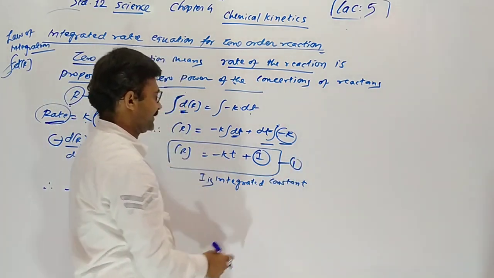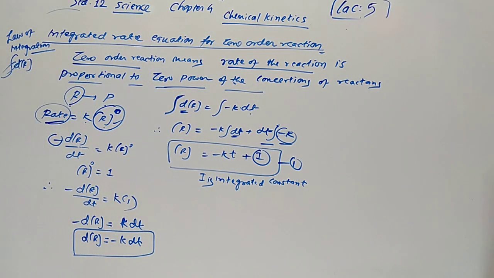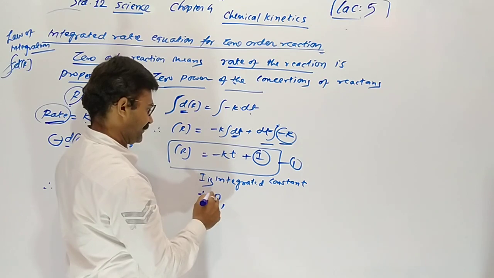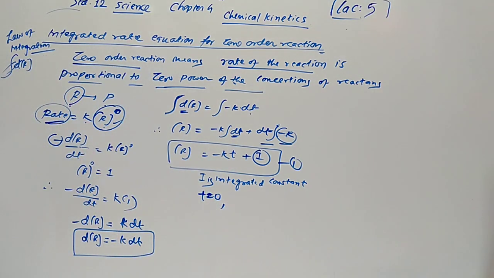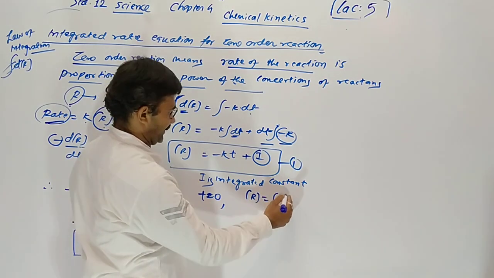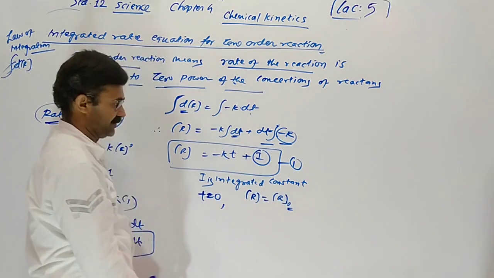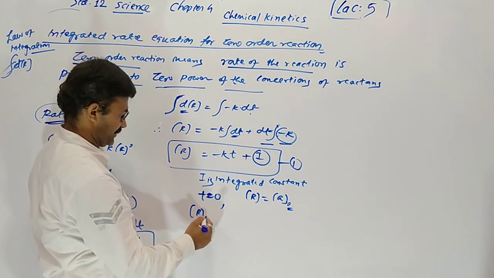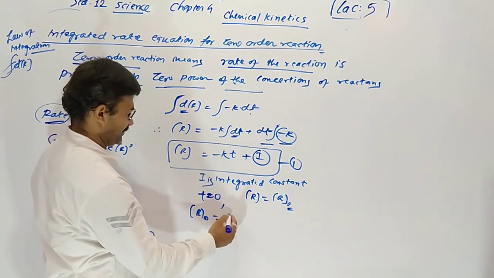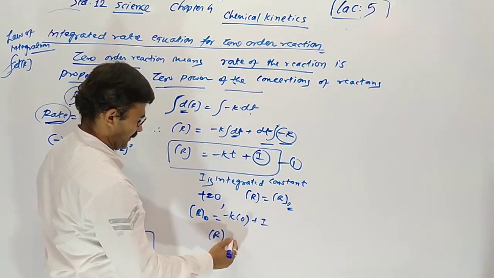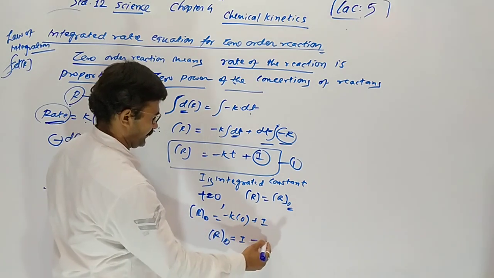We can easily define the integration constant. Whenever the reaction is started, t is equal to 0, so the initial concentration of our reactant should be R0. O means origin. Put down the value: R is R0 at the initial stage, k into t is equal to 0, and I. So R0 is equal to I.